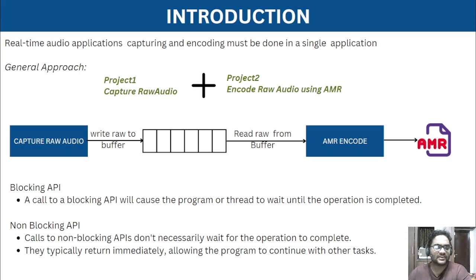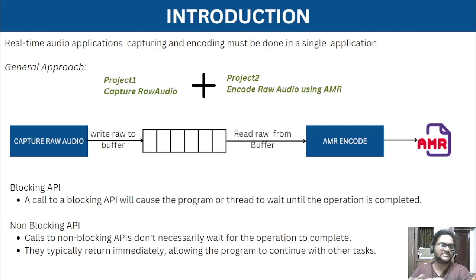In another way, if there is a call A and a call B, and call A is blocking, say it takes 10 seconds to execute, then only after the 10 seconds does the program go to call B. That is simply a blocking API.